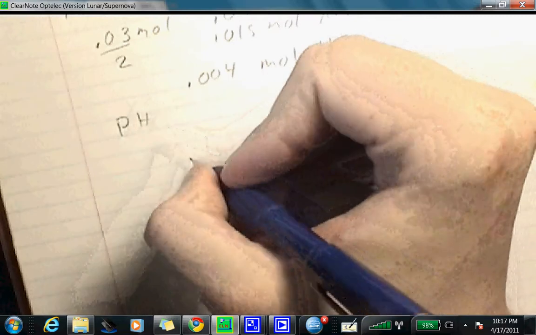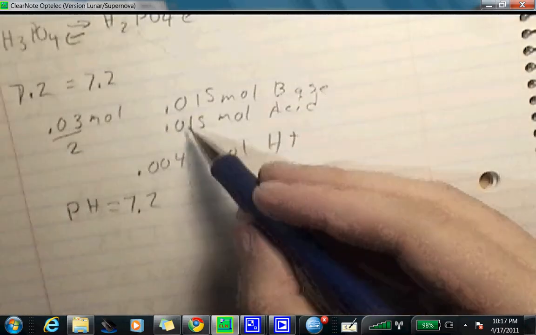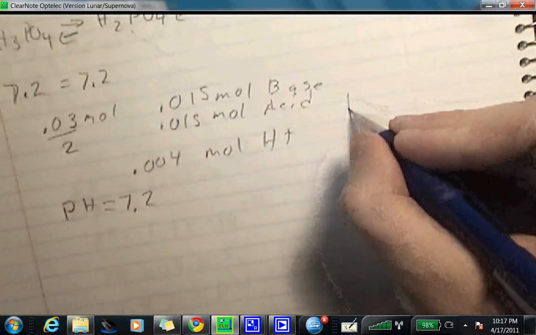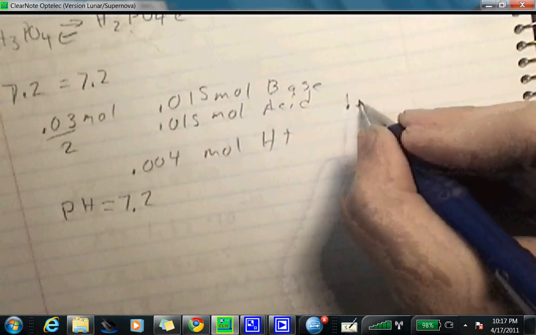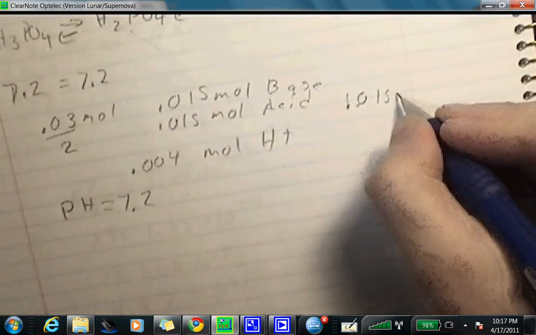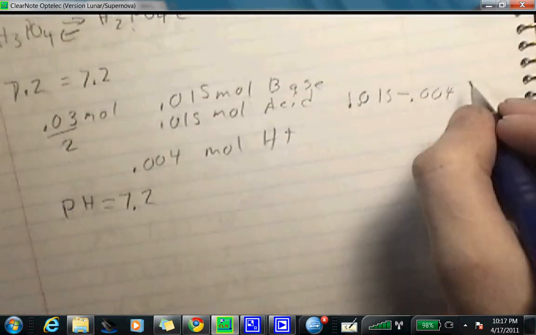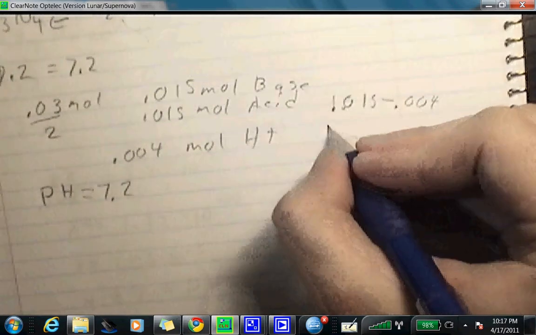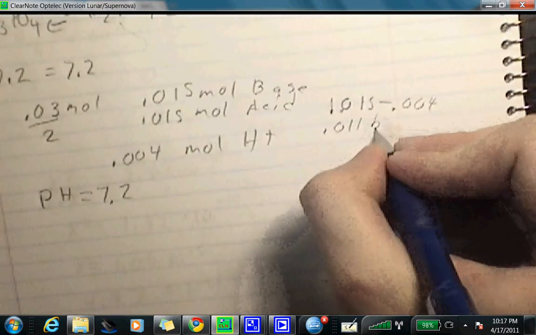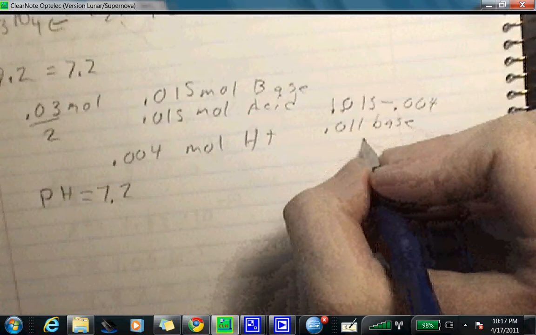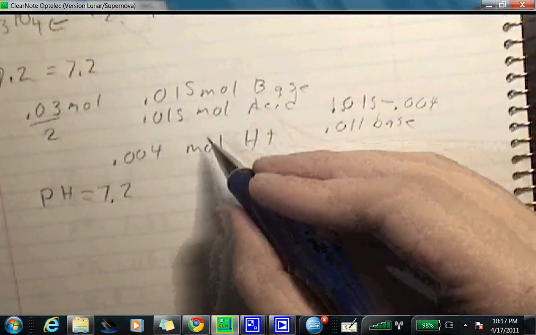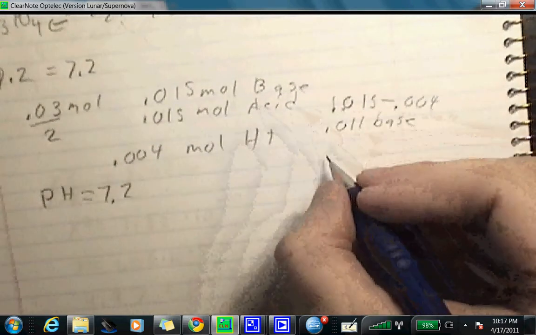Now we're going to have our pH equals something. pKa is still 7.2. 0.015 minus 0.004 is just going to give us 0.011 of our base. And then we're going to add on 0.004 to this.